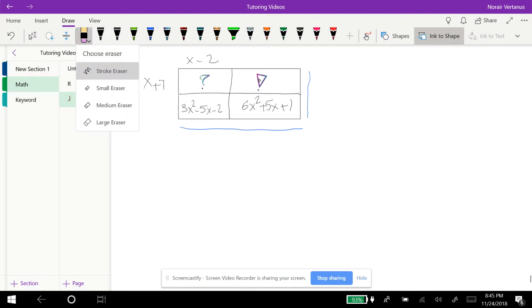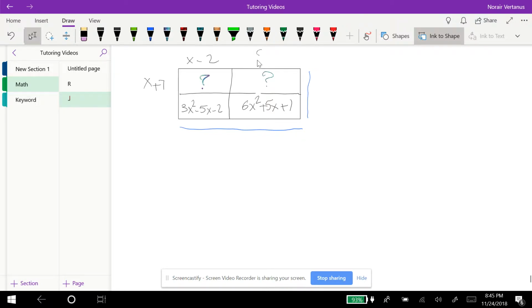We need to erase that. So this is the unknown, and then this is the unknown, the base of the small rectangle, this one. And then this is the unknown here, the height of the small rectangle.